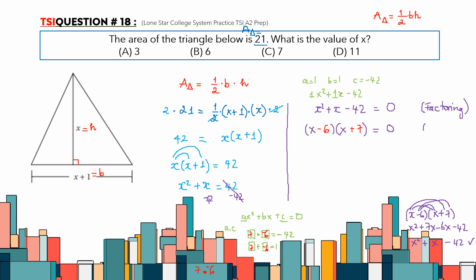Now we use the zero factor property. We say a times b equals 0. We can have a equals 0, b equals 0, or a and b both equal 0. So we set each of the factors equal to 0.